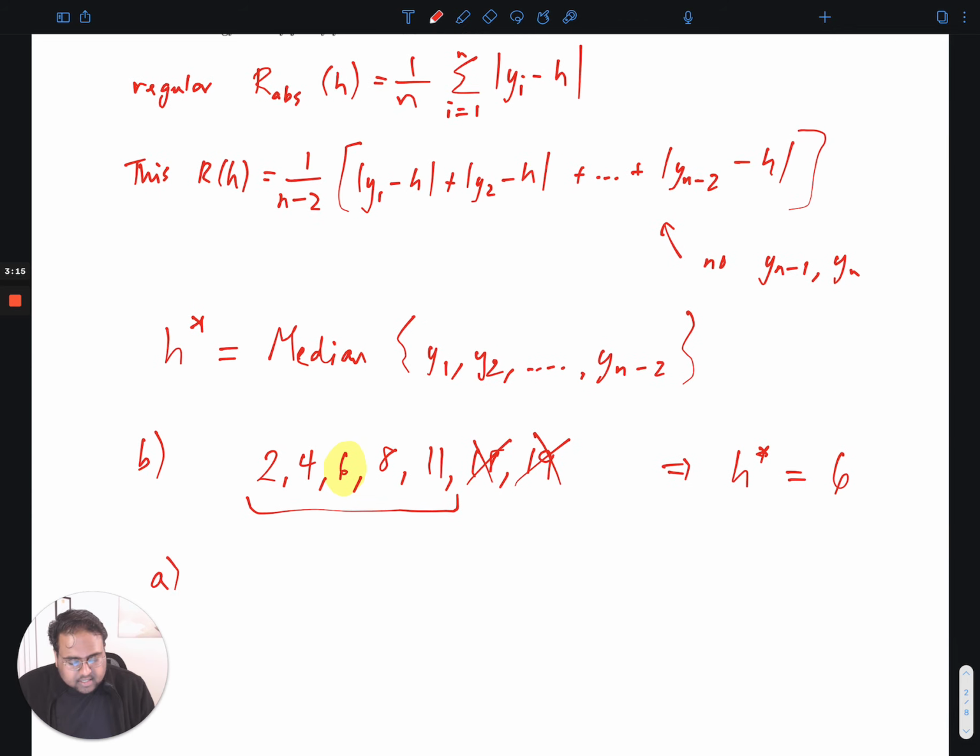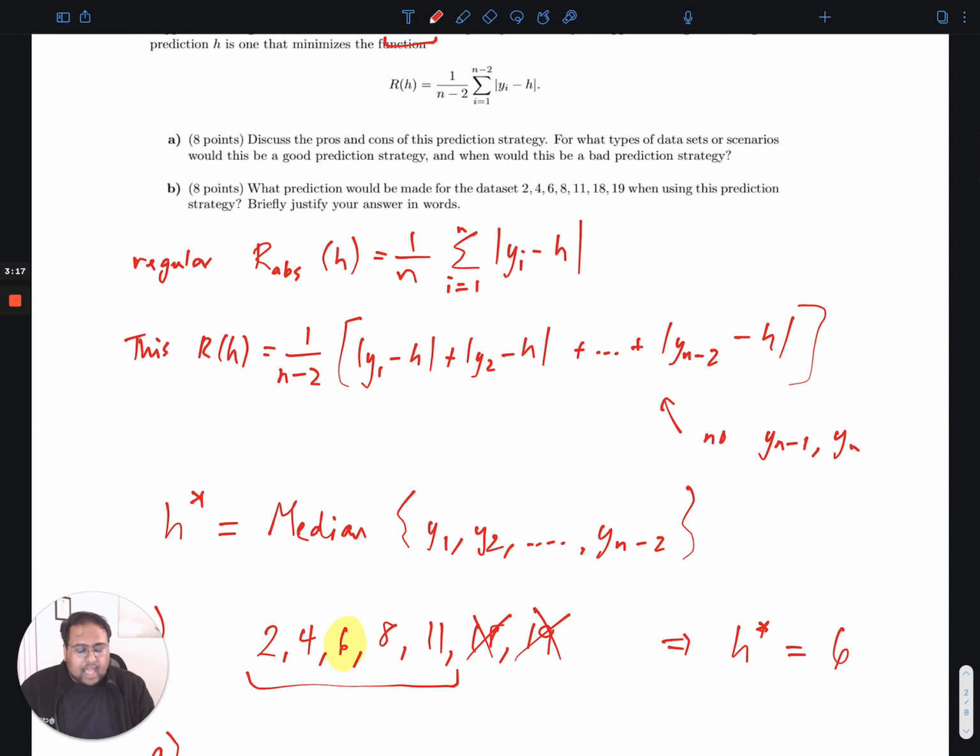Now let's discuss, when would this be a good prediction strategy? It would be good if we have large outliers, because we're essentially removing the outliers and minimizing mean absolute error on everything else. The median by default is already robust to outliers. It's not that sensitive to outliers as compared to the mean, for example.